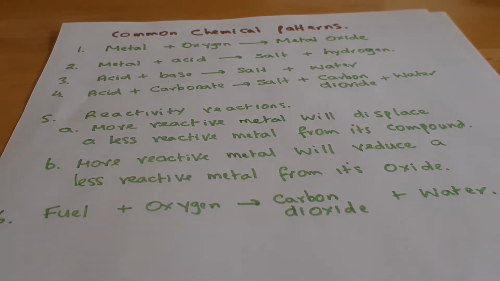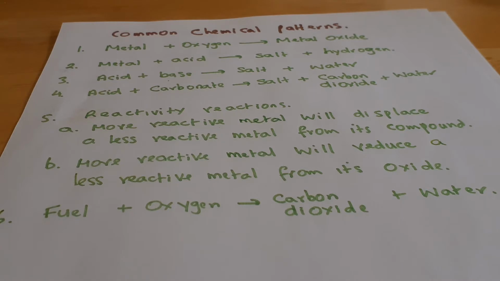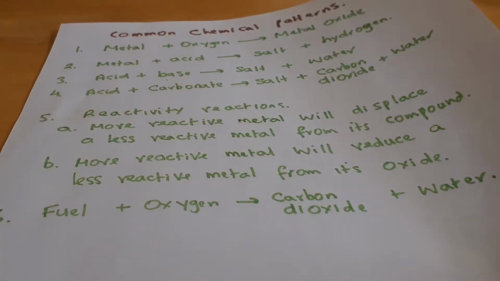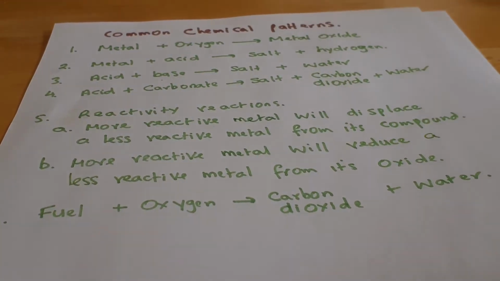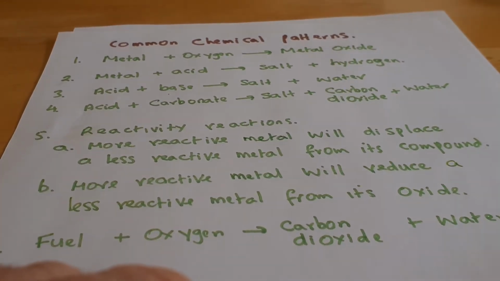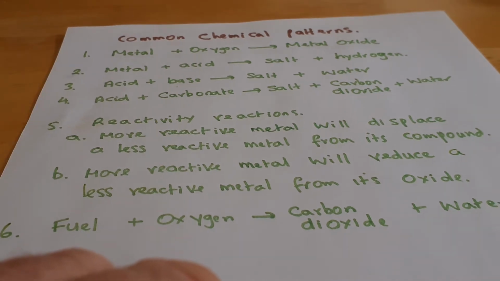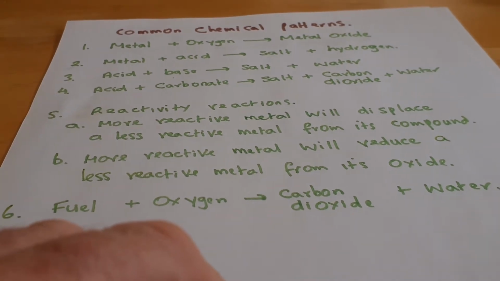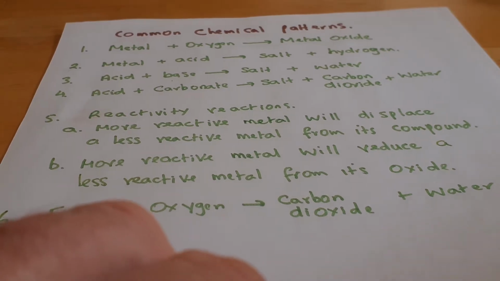A more reactive metal will displace a less reactive metal from its compound. And then more reactive metals will reduce less reactive metals from their oxides. And the last one then is if you burn a fuel with a plentiful supply of oxygen, you'll always find carbon dioxide and water. Now, these aren't all the patterns that you'll come across, but ones to get us going. So let's start.